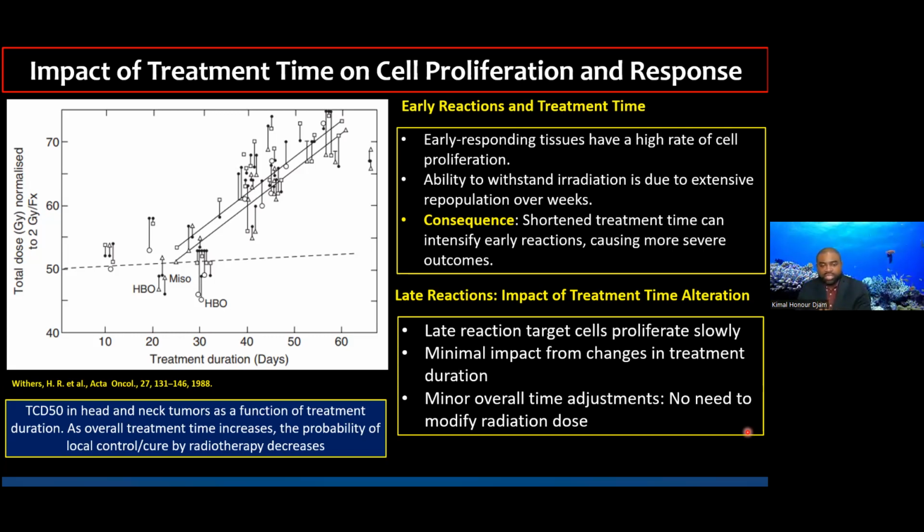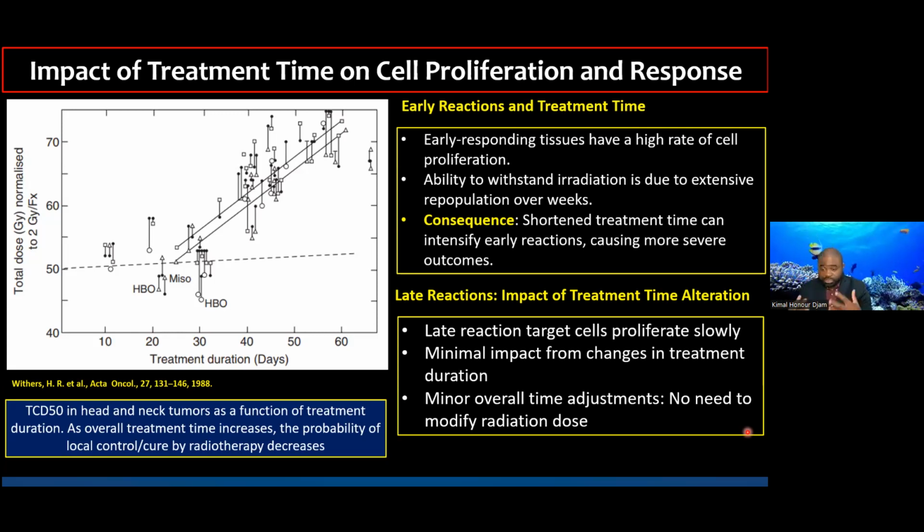Now, early reaction tissues are typically normal tissues that respond early and repopulate rapidly. What this means is that their resistance to radiation is partly due to the extensive repopulation over weeks.